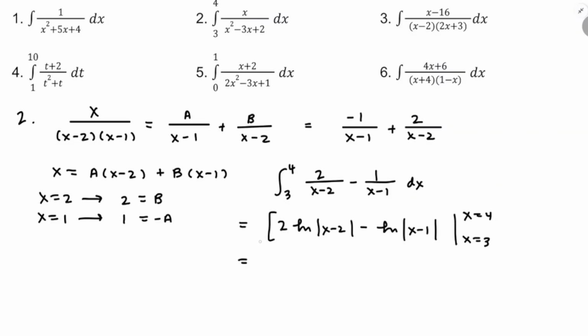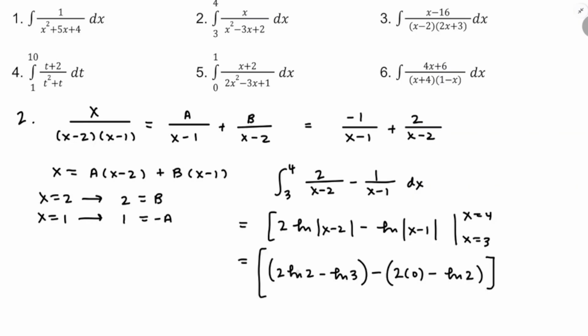Okay, so when I plug in x equals 4, I would get 2 natural log 2 minus the natural log of 3. And when I plug in x equals 3, I will get 2 times the natural log of 1, which would be 0, minus another natural log of 2.